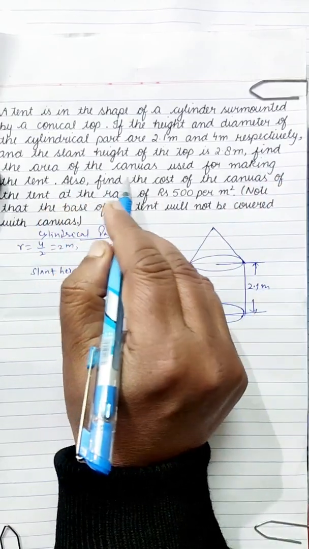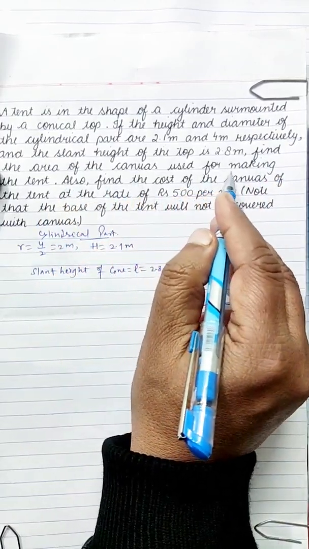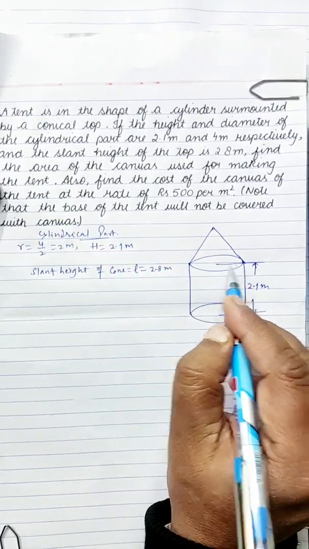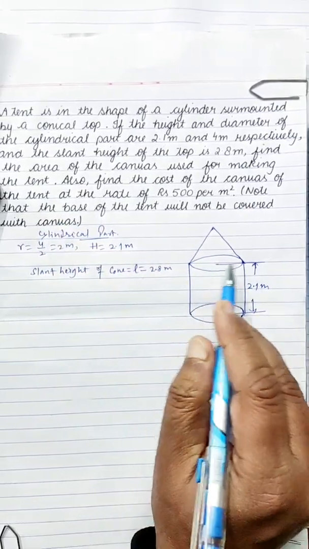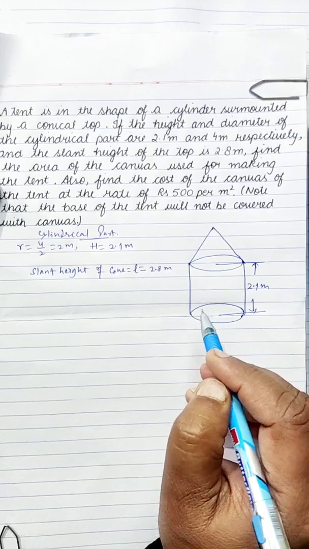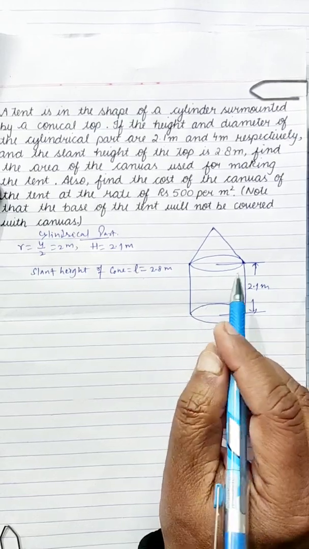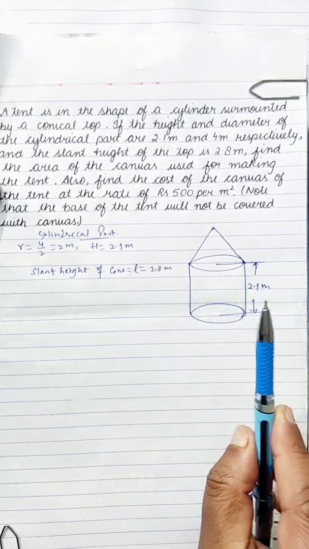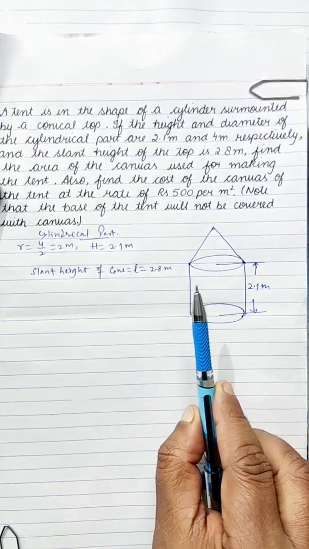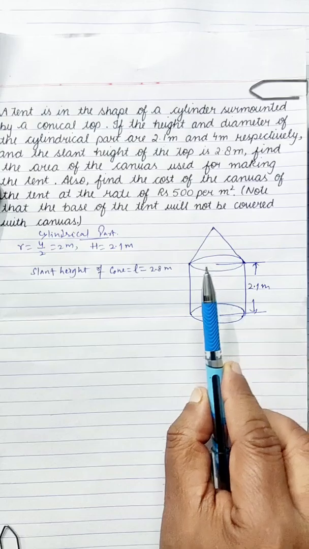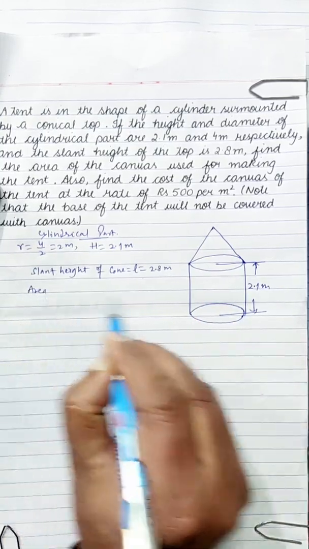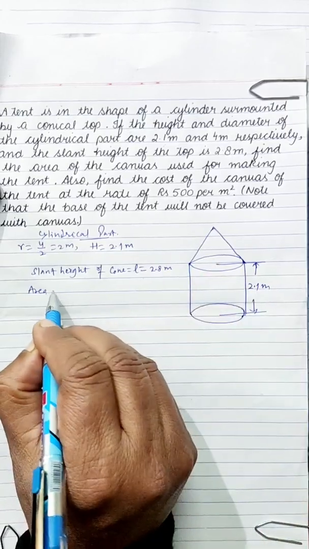Find the area of the canvas used for making the tent. इस टेंट को बनाने में कितना कैनवस लगेगा, उसका एरिया आपको फाइंड करना है. तो एरिया ऑफ कैनवस विल बी इक्वल टू कर्व्ड सरफेस एरिया ऑफ द कोनिकल पार्ट प्लस कर्व्ड सरफेस एरिया ऑफ द सिलेंड्रिकल पार्ट. क्योंकि नीचे का पार्ट सिलेंडर है, ऊपर का पार्ट कौन है?